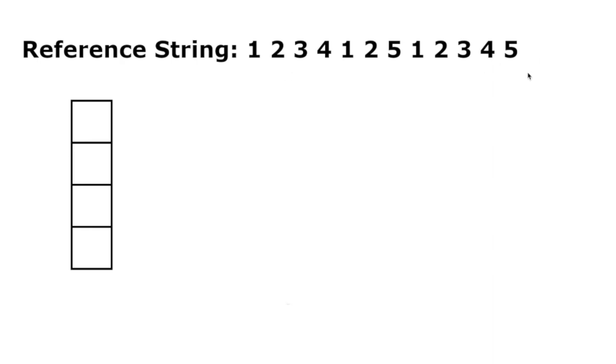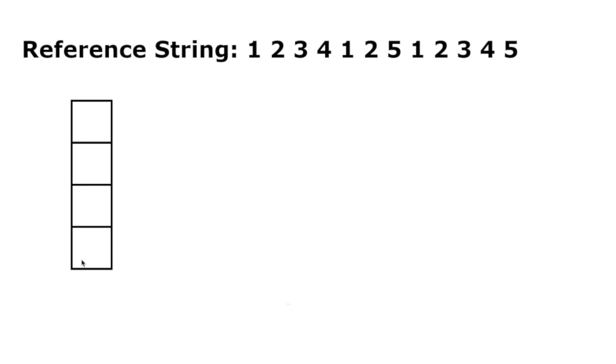Same reference string here, and we're assuming we have 4 frames of memory available. If this algorithm's really optimal, it should do at least as well as FIFO. And remember, FIFO got 10 page faults on this reference string, so we better do at least that well. In fact, FIFO got 9 using only 3 frames. So if OPT is really optimal, it ought to do at least as well as 9.